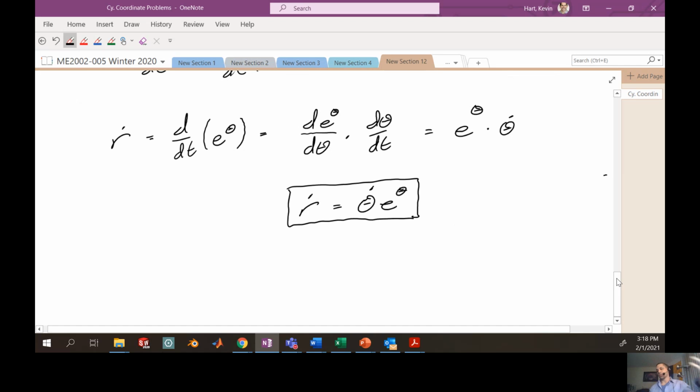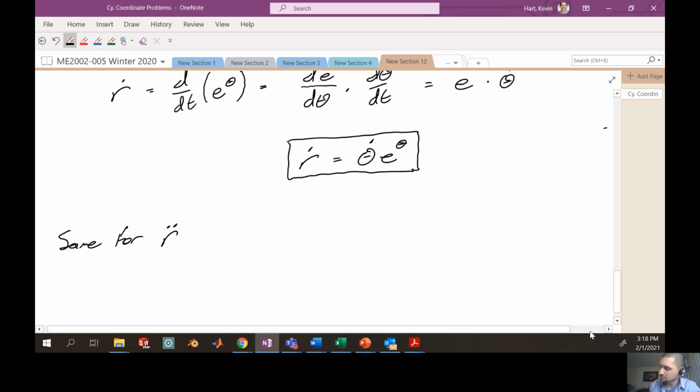All right, and we're going to perform the same sort of thing for r double dot. Okay, and so here r double dot is the time derivative of r dot, which is the time derivative of that expression that we just came up with, θ dot e^θ.